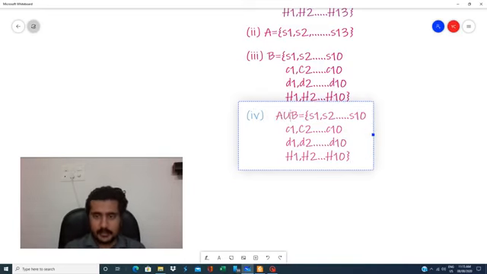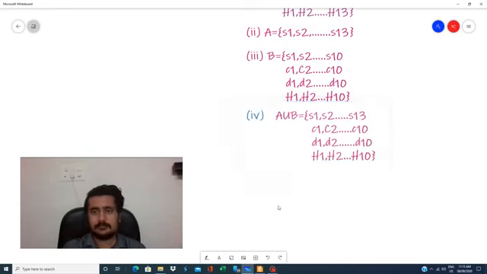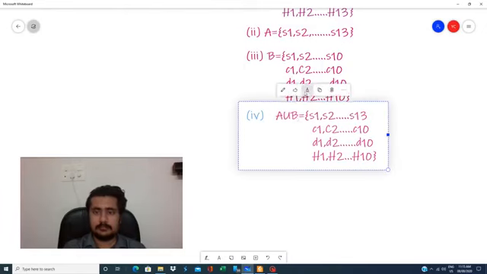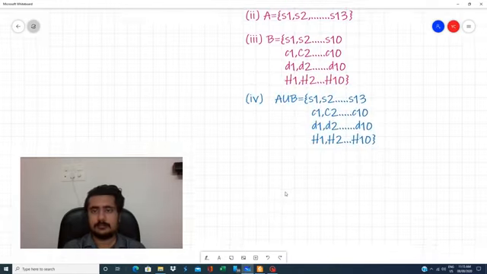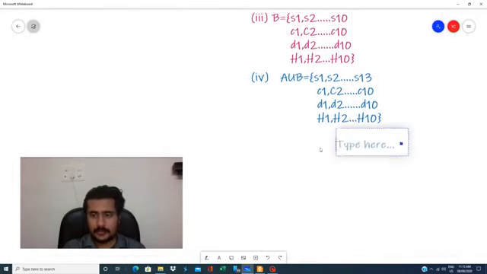A union B is equal to S1, S2, up to S13, because in A there are S13. So we'll stretch S up to S13 and the rest only from C1 to C10, D1 to D10 and H1 to H10. So this is your union.